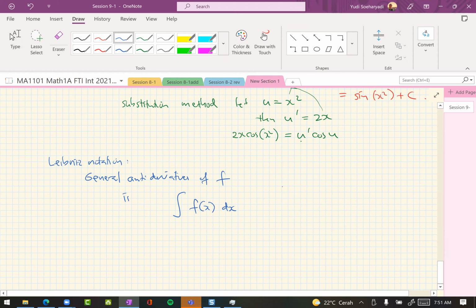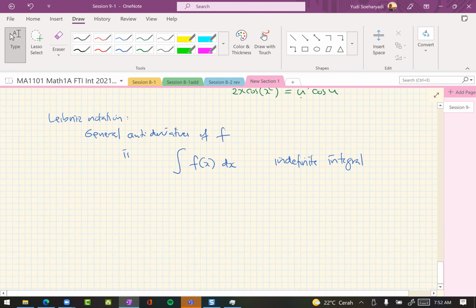Generally this is called the indefinite integral. This is like an S, something like this, but this notation we'll see in the next chapter on the definite integral.